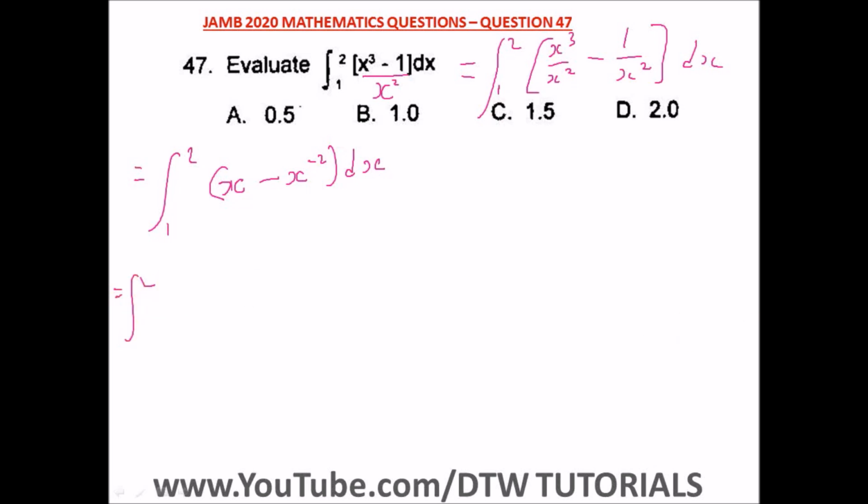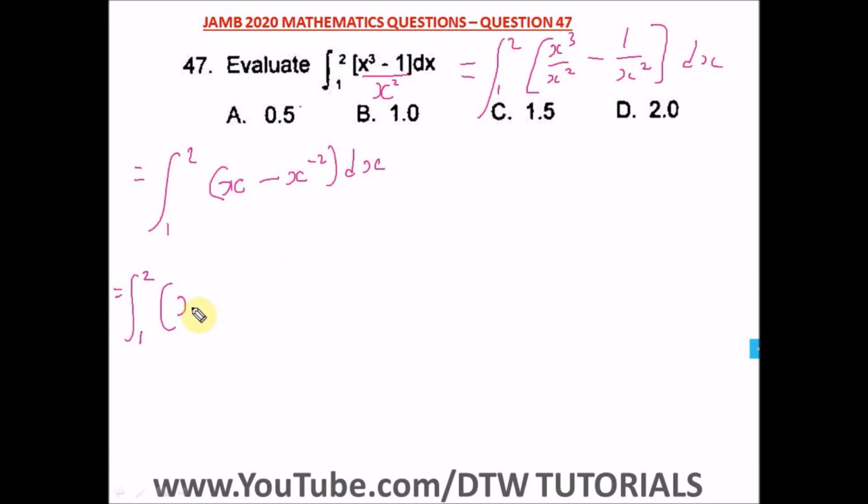Sorry, I don't know why my device is glitching, but please bear with me. So this is same thing as this. Mind you, this is same thing as x is equal to 1. So we are going to integrate this.